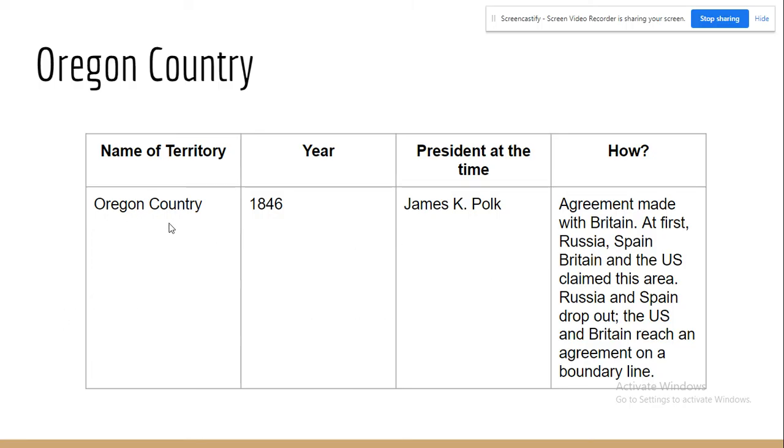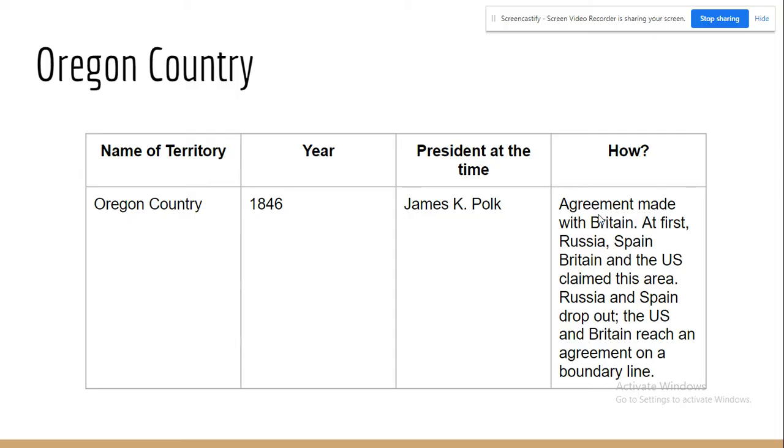Okay, so we've got Oregon country is the name of our territory. The United States is going to acquire that land in 1846 under the presidency of James K. Polk. Now, the area of Oregon country had already been explored by Lewis and Clark in the early 1800s, so about 43 years prior to adding the Oregon Country to the United States.